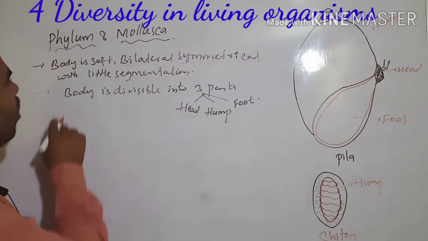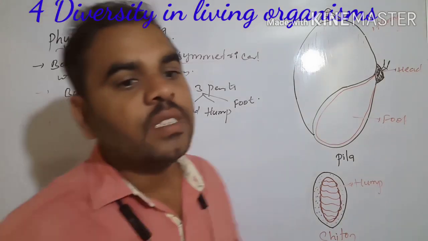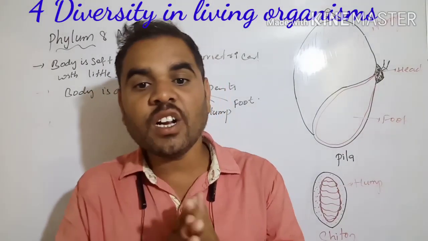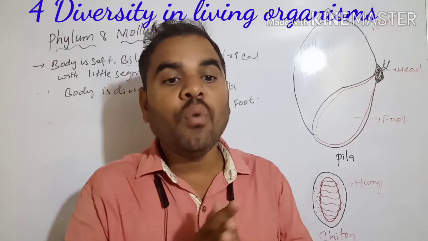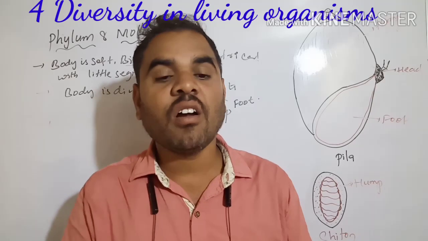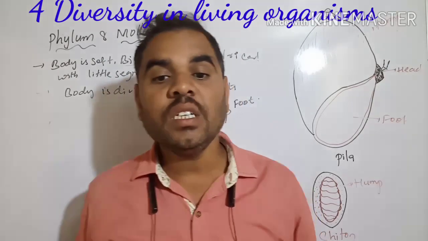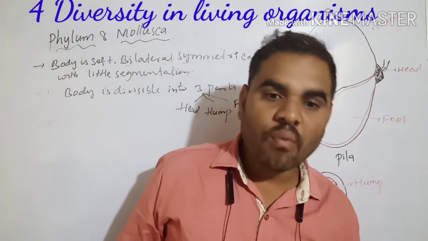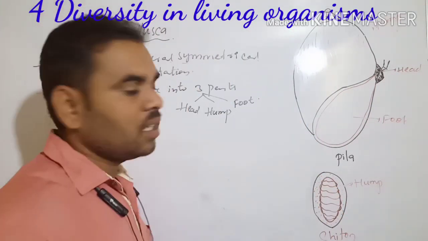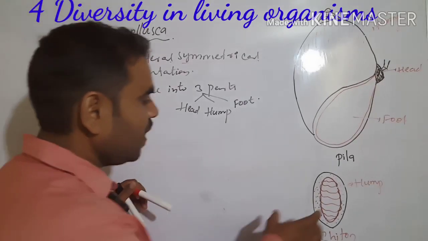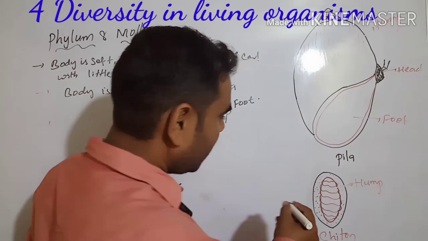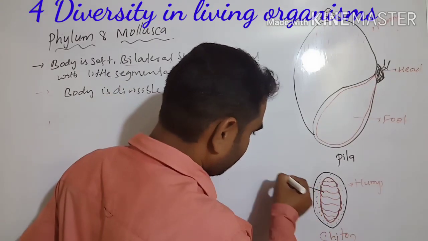Next, the body has a foot, a dorsal visceral mass, and a ventral side. The body is covered with a fold of thin skin called the mantle, which secretes the hard calcareous shell of one or more pieces. This upper side we call the mantle.